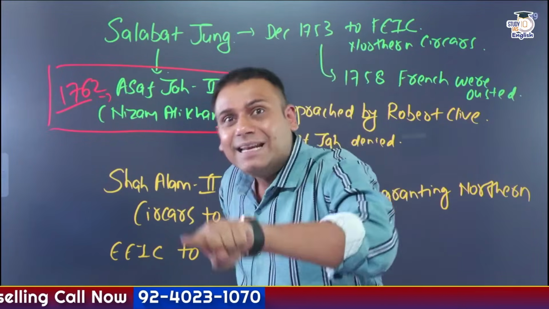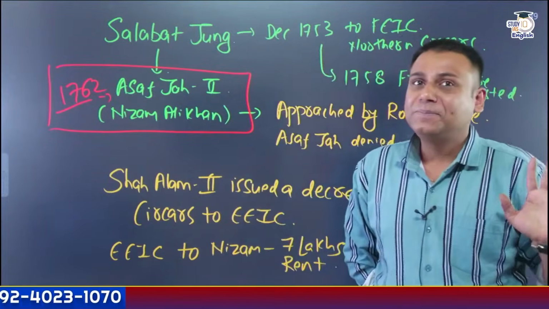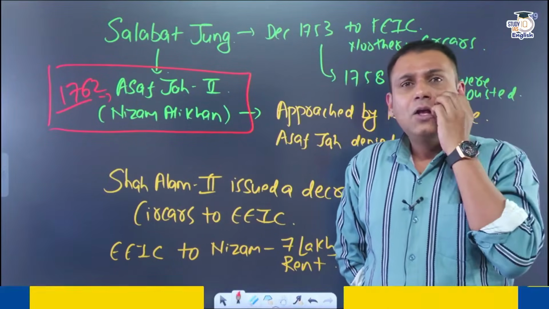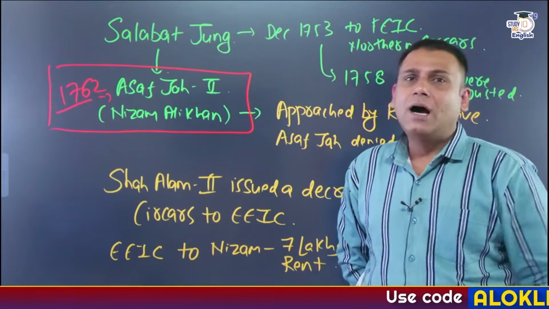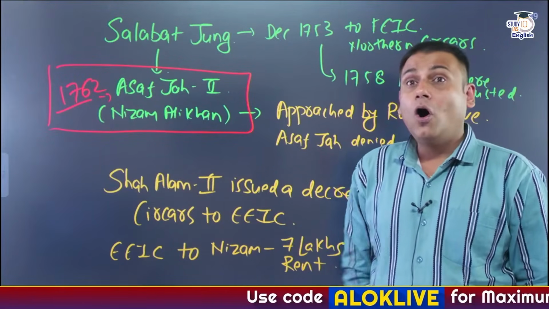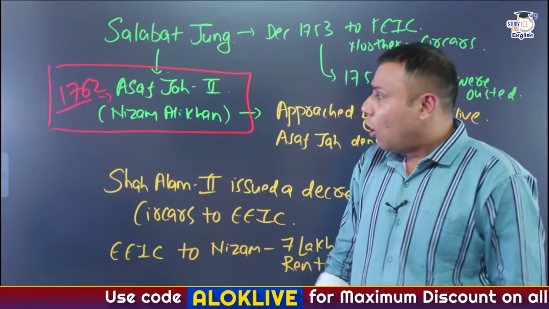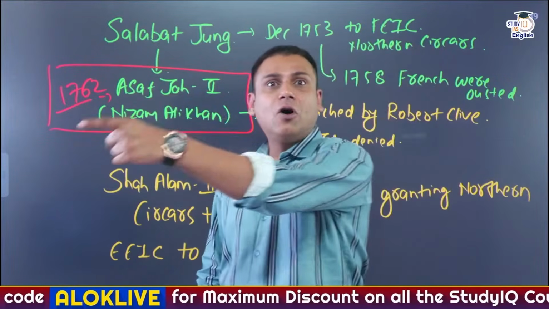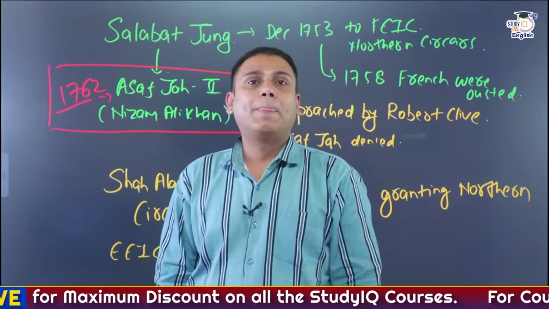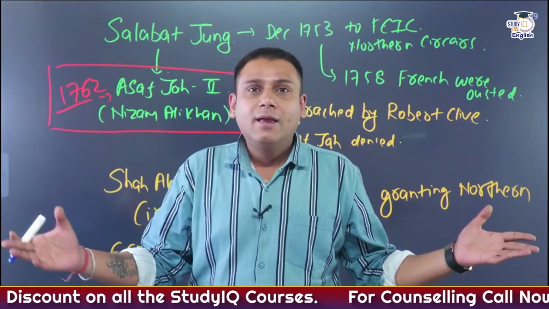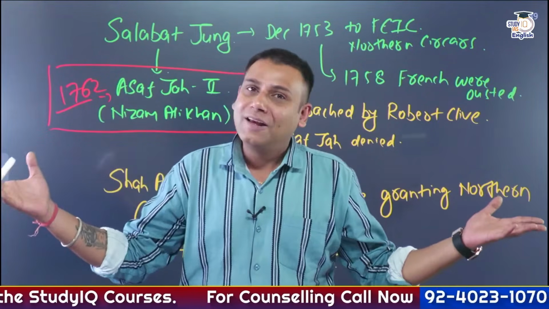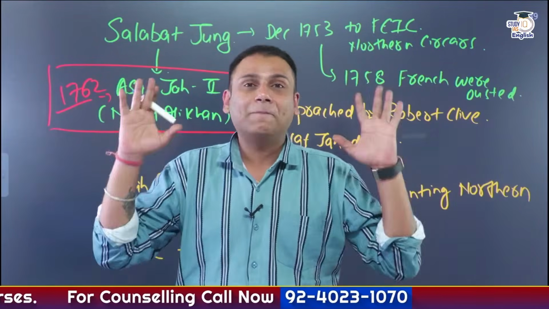But still the territories were part of the Mughals. Okay, so Robert Clive approached Shah Alam II. And Shah Alam II ordered a decree. He ordered Asaf Jah to give the region of Northern Sarkar to the English East India Company. So by a decree, the English East India Company got the region of Northern Sarkar.